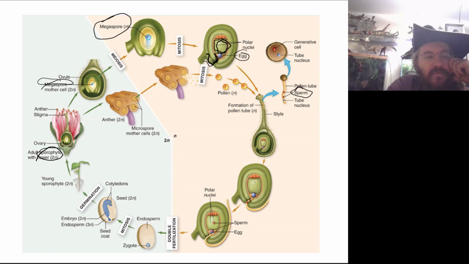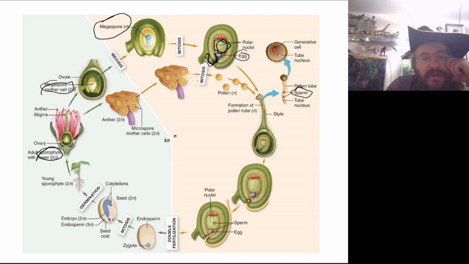Style, connecting ovary to stigma, site of fertilization. So there's our female structure in the flower, so we can focus over here. The ovule. The ovule is where we have integument that produces the megasporangium, that has the megasporocyte, which is the same as megaspore mother cell, interchangeable term.